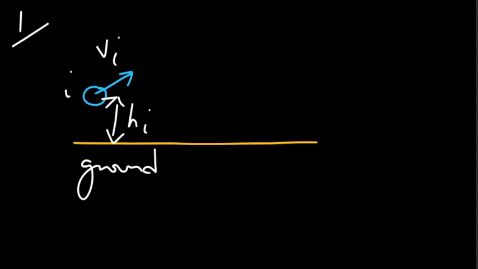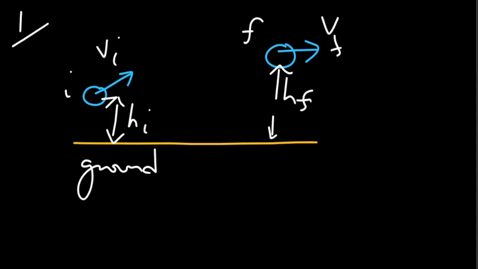This object travels to some other point, at some other height, and that point is the final point. Let's assume the height is HF, and at that final point, the object is moving with a speed, let's say, VF. Let's assume there is no air drag of any kind to impede the motion of this object. So let's see how the principle of conservation of energy works here.